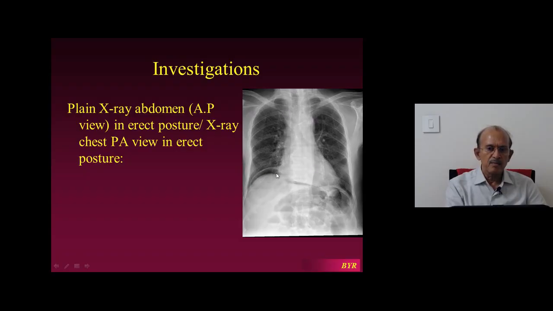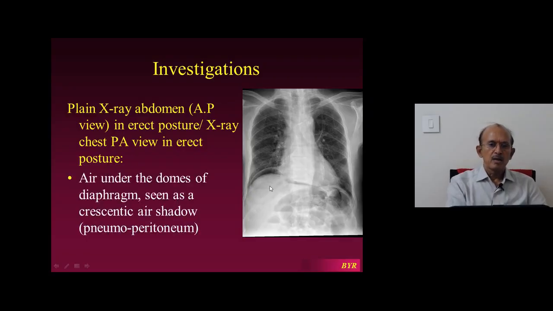It's like this. If there is some fluid and air, both are there, for example, then what happens? The shadow will have a horizontal border. So air under the domes of the diaphragm is seen as a crescentic air shadow.